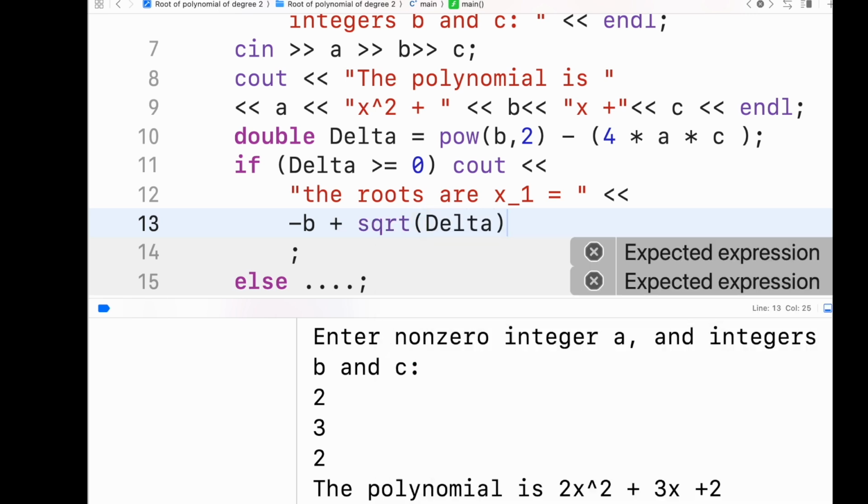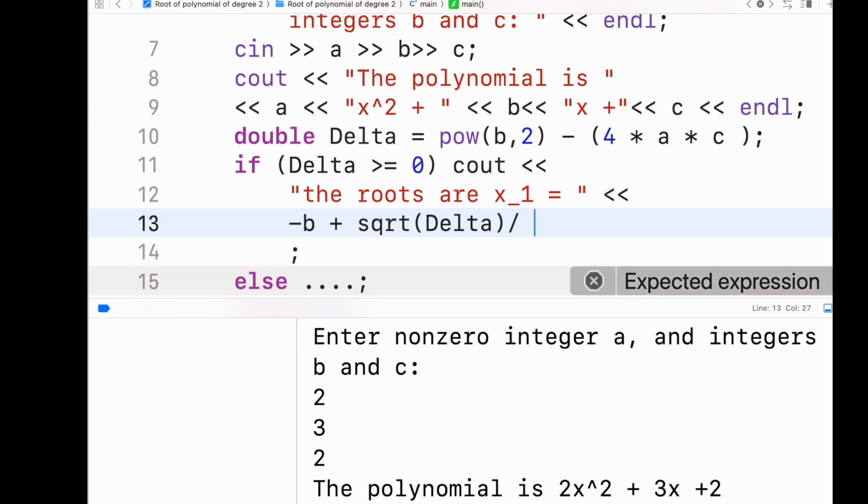Here is the reason we needed double. All divided by 2 times a. This is our first root.